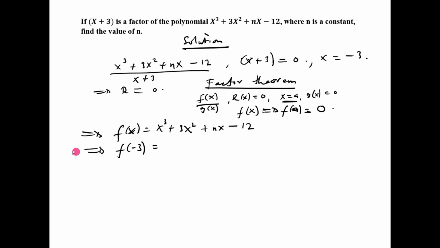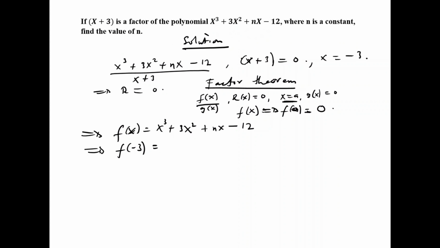So f of minus 3 means whenever you see x here, we are going to substitute minus 3, as simple as A, B, C. According to the factor theorem, f of minus 3 overall must be equal to 0, since x plus 3 is a factor of this polynomial.